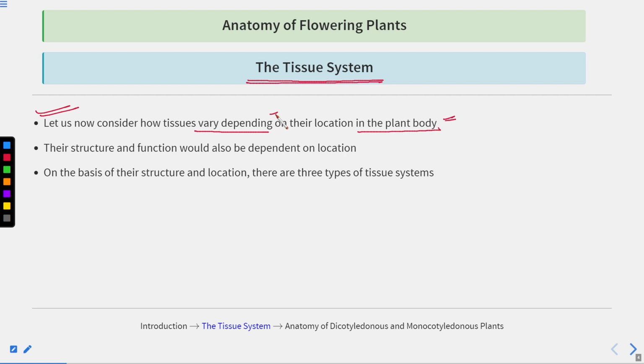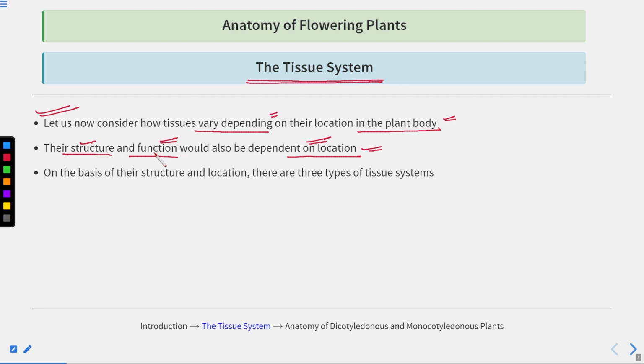Tissues vary in their types, so their structure and function would also depend on the location. The tissues have different locations in the plant body. Different types of tissue have different locations according to the organs they are in, and also the structure and function, right? So on the location, you can have different structure, and it is related to the function.